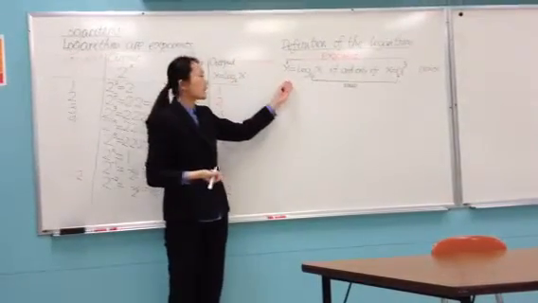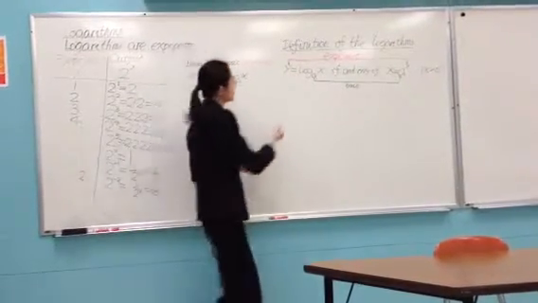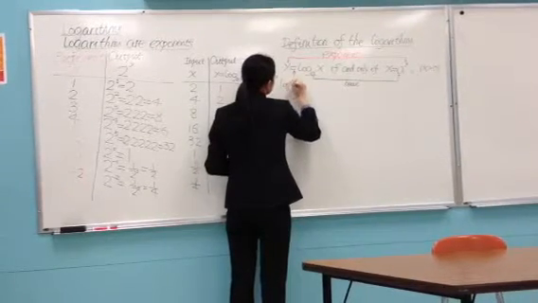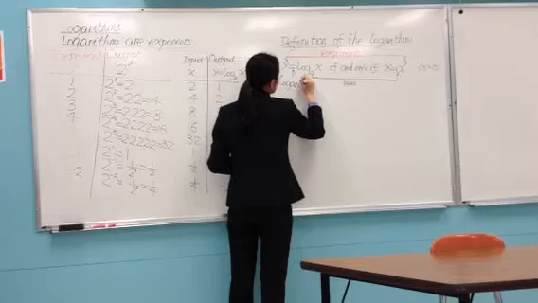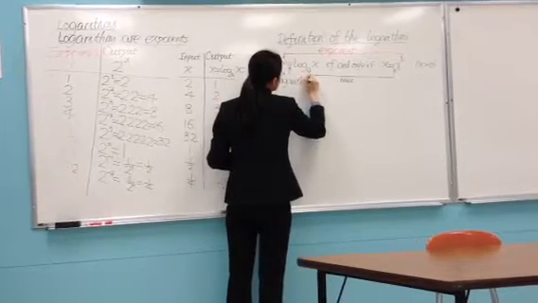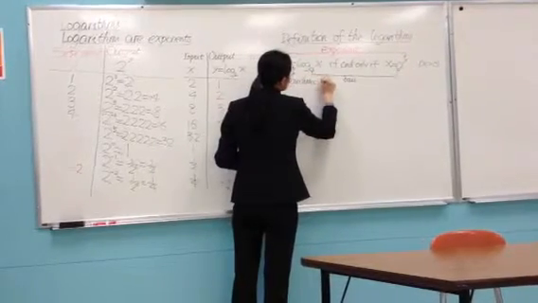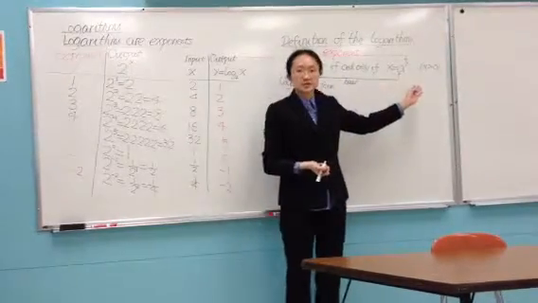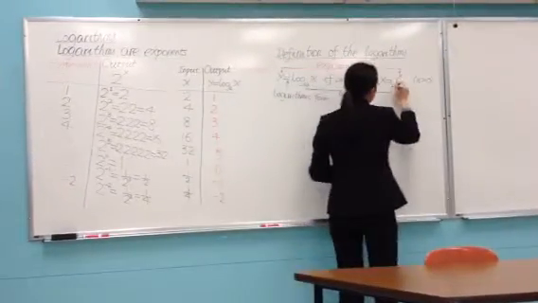This form is called the logarithmic form. This form is called the exponential form.